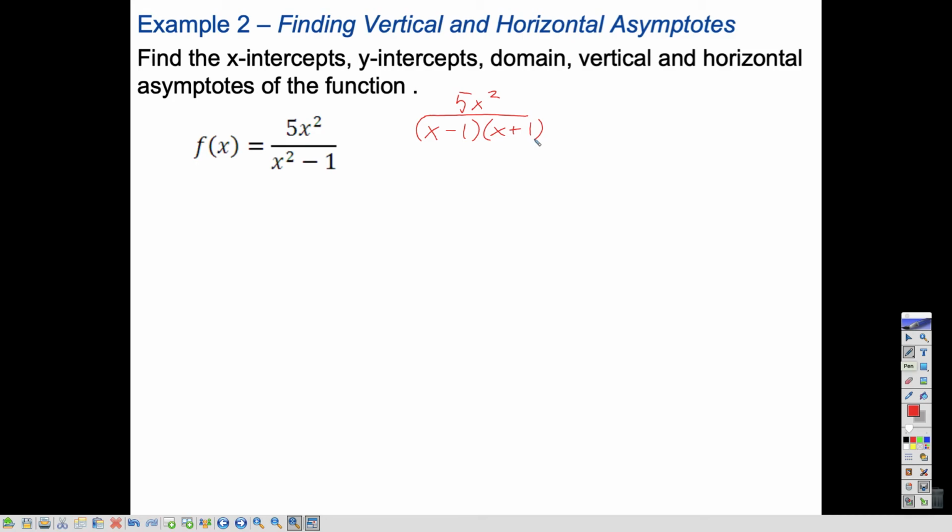Okay, step 1 done. Now hopefully some of yours reduced today. If I had something that reduced, okay guys, do your domain before you reduce, and do your VA after. Domain is the only thing that goes off of the non-reduced.